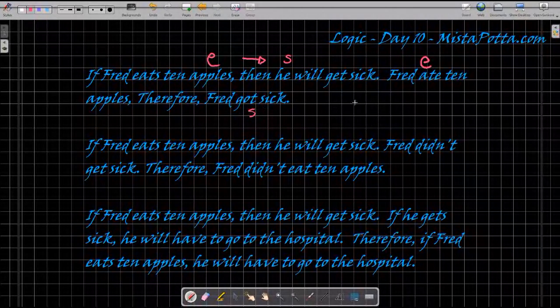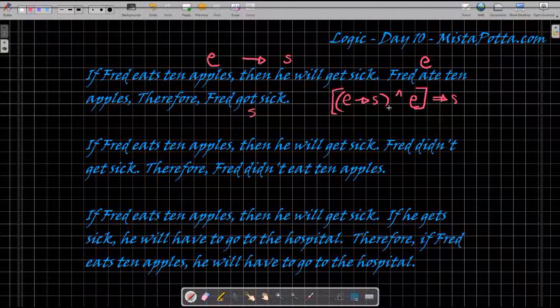So I have a premise, E conditional S, and my second premise is my antecedent, therefore is my implication.